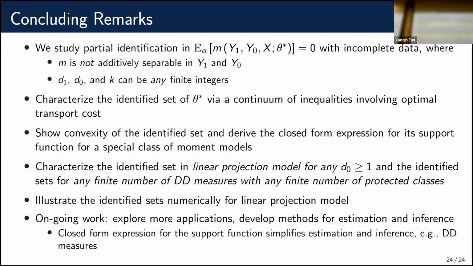But we have derived the closed form expression for the support function for the general case. So we believe estimation and inference could be, well, not easily, but could be worked out. And that's something we're currently working on.